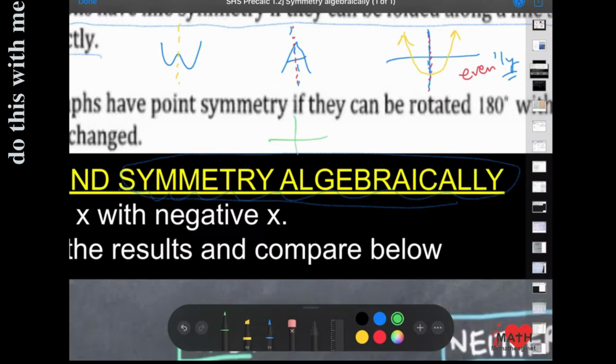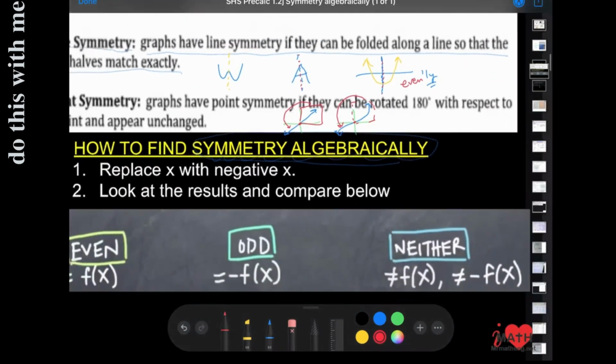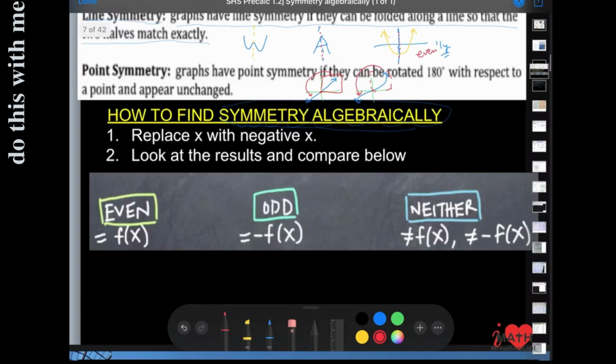Cubic. Right, symmetrical about this point. I can take this quadrant and rotate it 180 degrees and it'll actually look like that. Okay, so how do you find this algebraically?